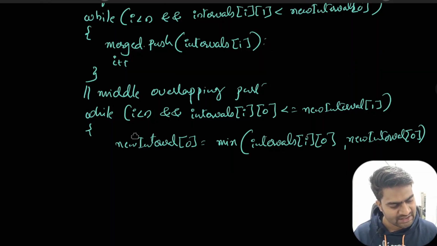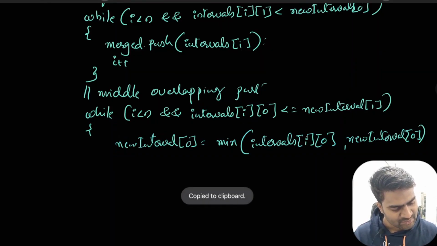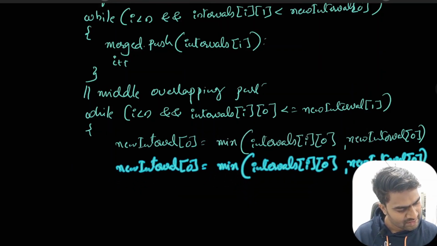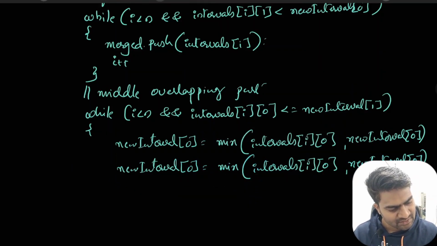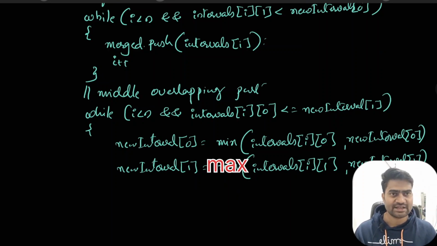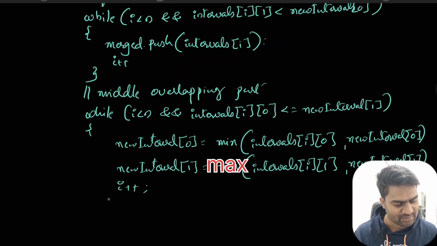Similarly, for the next value I will simply copy this and paste it. The next value will be index 1, this is 1 and this is 1, and I'll take the maximum. Then after that I need to again increment i++.